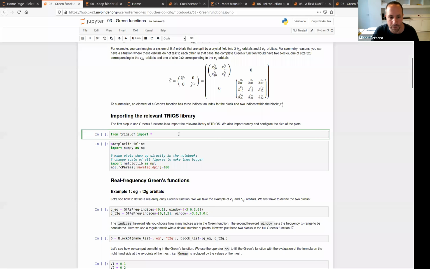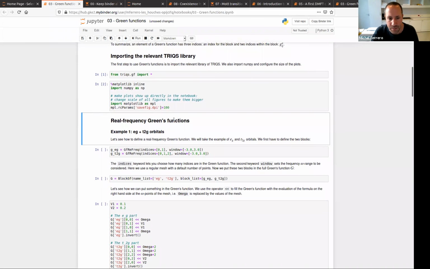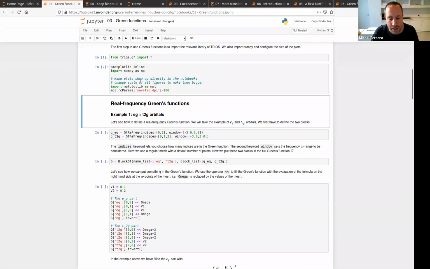You do this by importing the relevant libraries here from triqs.gf for Green function. This is just something to prepare for plots. And then there are explanations on how to manipulate them. The goal of this first notebook, green function, is to get you familiar with the conventions we use to define Green functions and to know the names of the different classes.